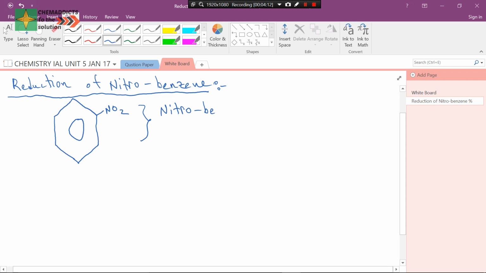The nitro group is attached to this benzene, so it is called nitrobenzene.